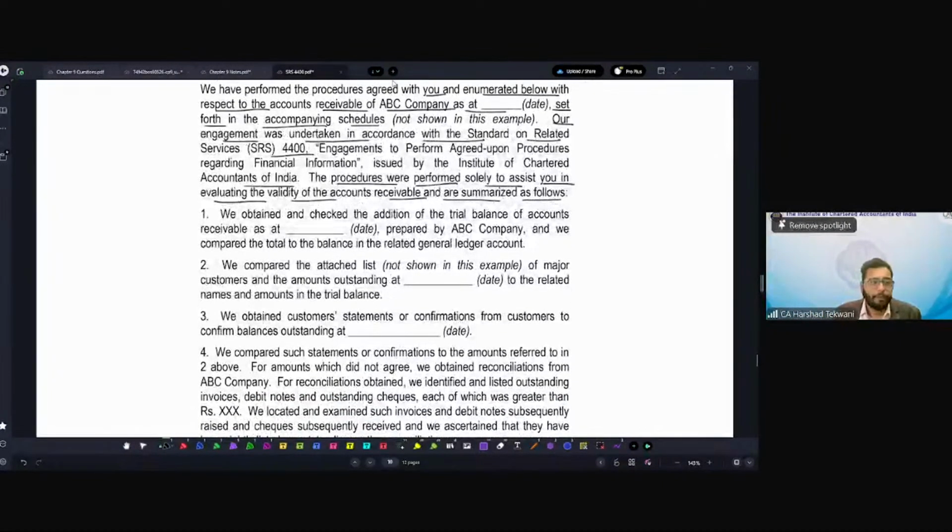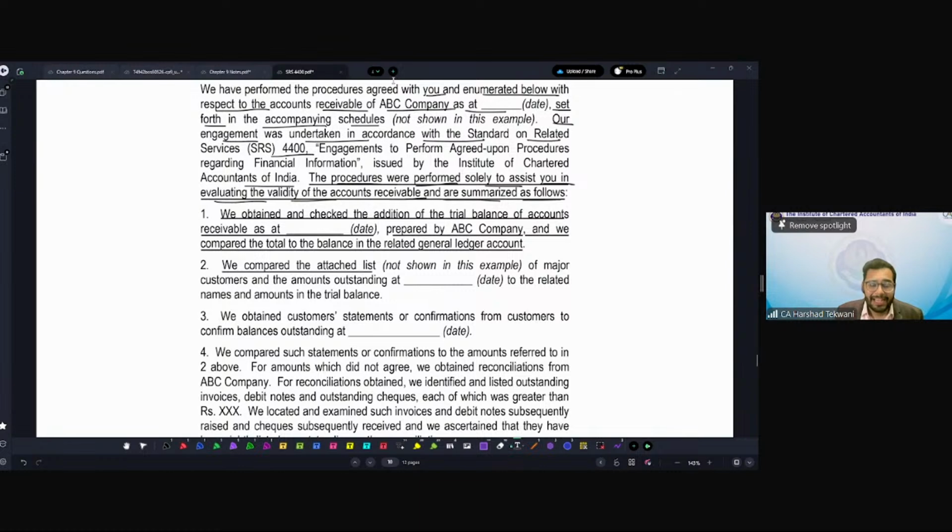Again, this particular point: the procedures were performed solely to assist you in evaluating the validity of account receivable and are summarized as follows. That is, we obtain and check the addition of the trial balance of account receivables as at the date prepared by the ABC company, and we compare the total to the balance in the related general ledger account.